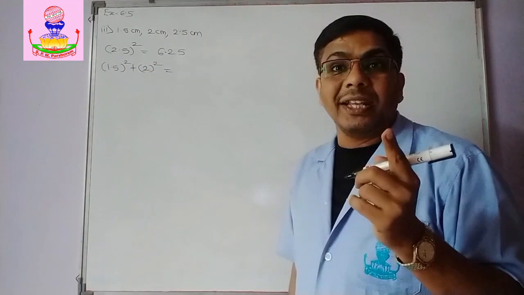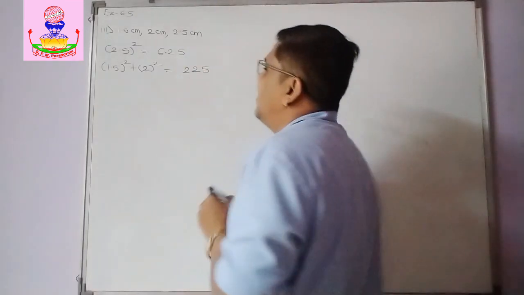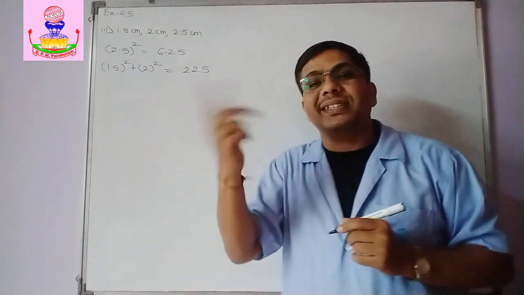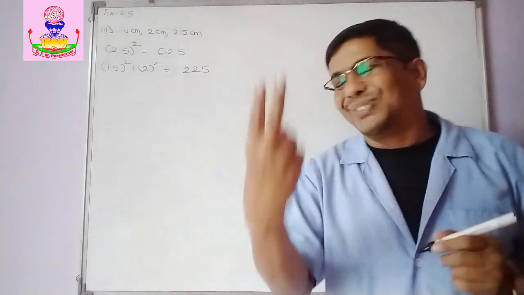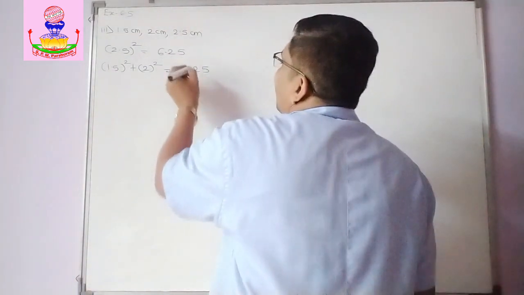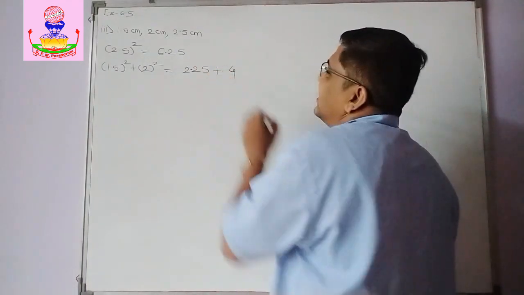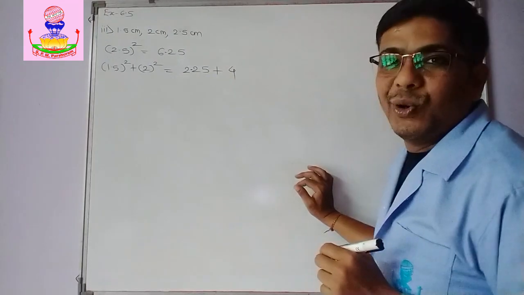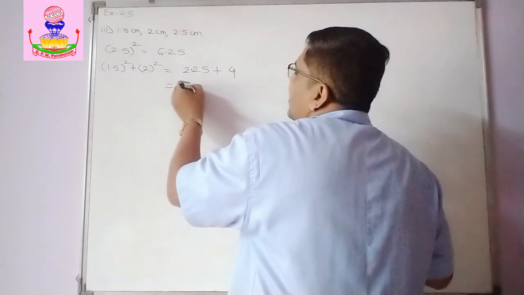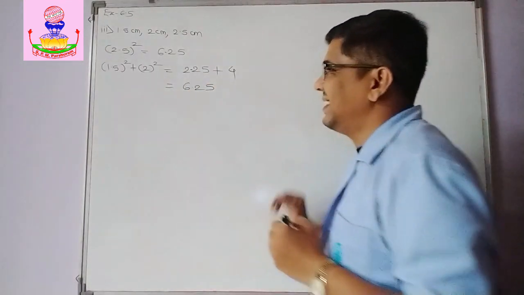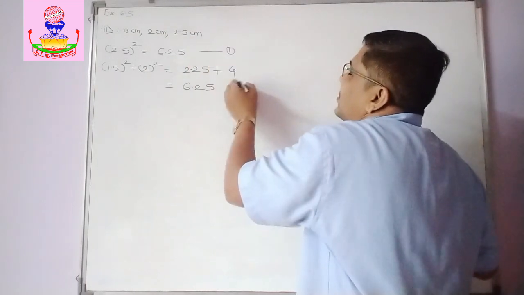Now 1.5, that is 15. Square of 15 is 225. After the decimal point one digit is there, so in its square, after the decimal point, how many digits? Yes, 2 digits. So it will be 2.25 plus 2 square, which is 4. Now 2.25 plus 4 comes out to be 6.25. So what do you get? Yes, they are equal.